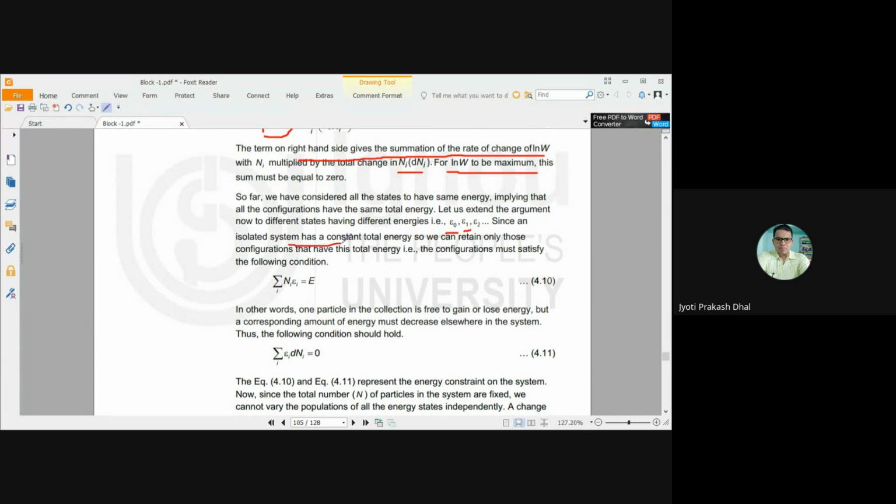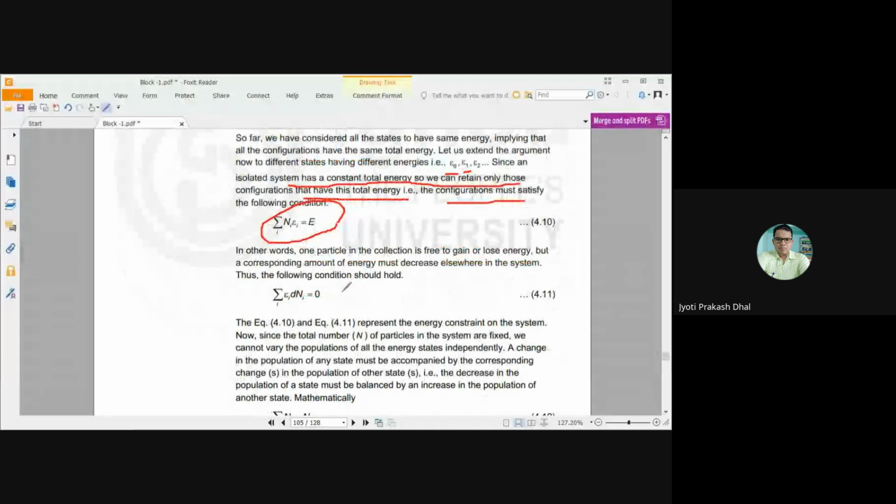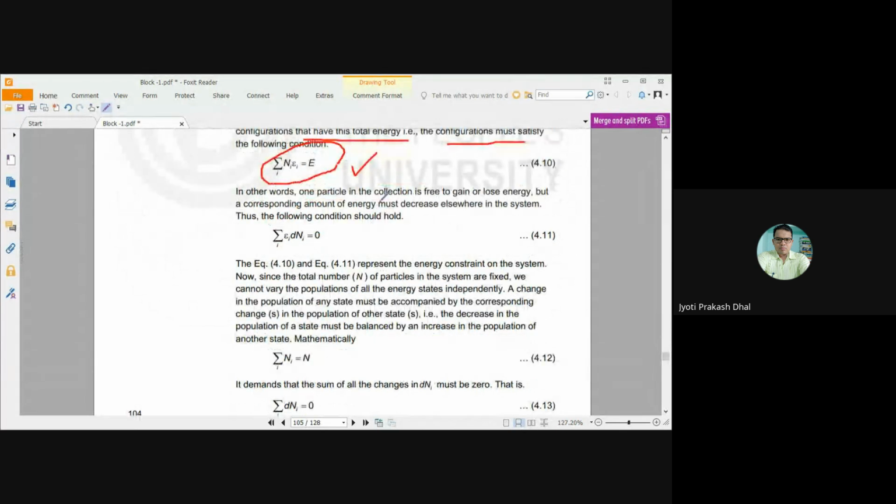Since an isolated system has a constant total energy, we can retain only those configurations that have the total energy, and the configuration must satisfy the condition summation of ni epsilon i equals E. In other words, one particle in the collection is free to gain or lose energy, but a corresponding amount of energy must be decreased elsewhere in the system.